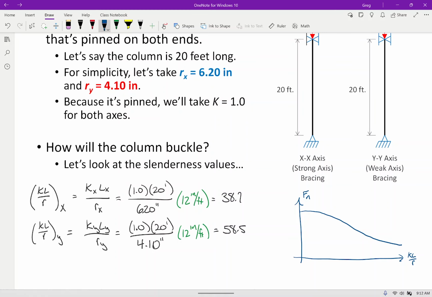So my question is, from a capacity standpoint, if I asked you which value do we use for computing the capacity, this one or this one, which one do we use? KL over R for the x-axis or KL over R for the y-axis? X. Which is going to yield a higher capacity, X or Y?